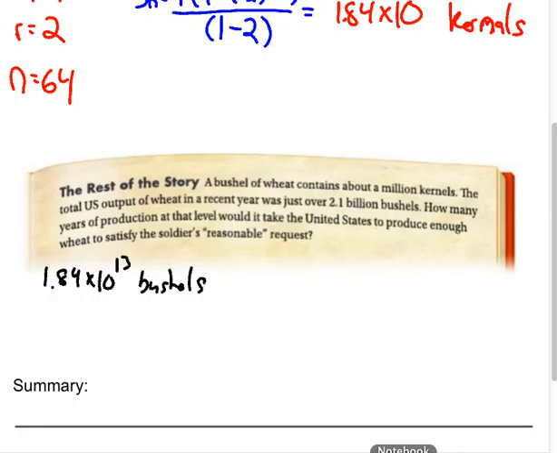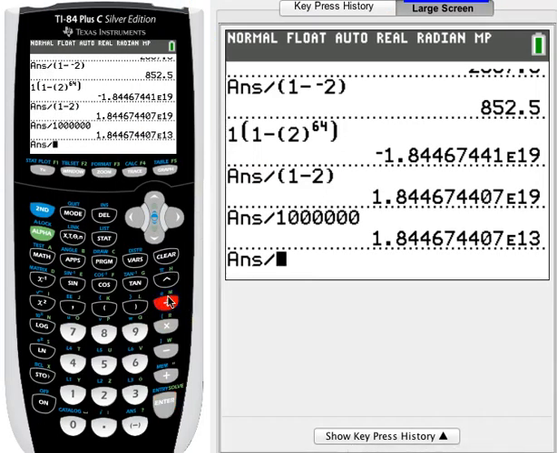Well, if the U.S. can produce 2.1 billion bushels, well, let's divide by that to see how many years it's going to take to make that much. So we need to now divide this by the 2.1 billion.